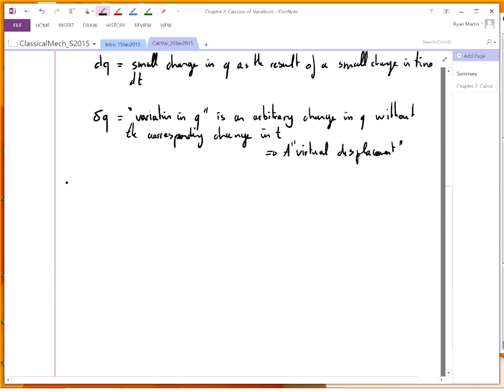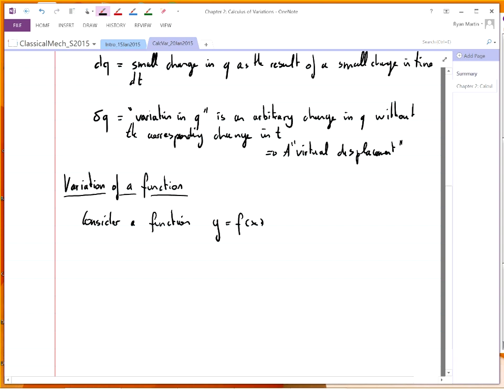So let's start with the variation of a function. So consider a function y, which is given by f of x.